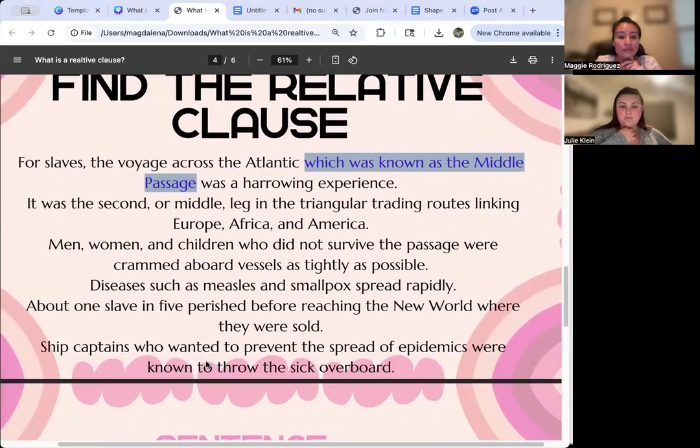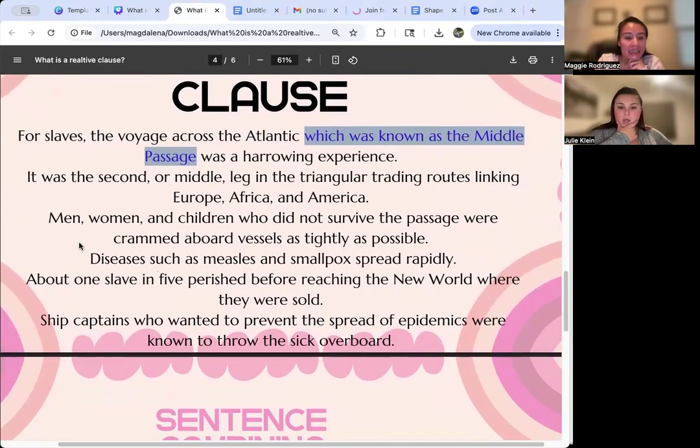For the slaves, the voyage across the Atlantic, which was known as the Middle Passage, was a harrowing experience. Yes, that's one. Perfect. And then another one, the African slave trade, which was a triangular trade, sold almost 10 million Africans. Yes, very good.